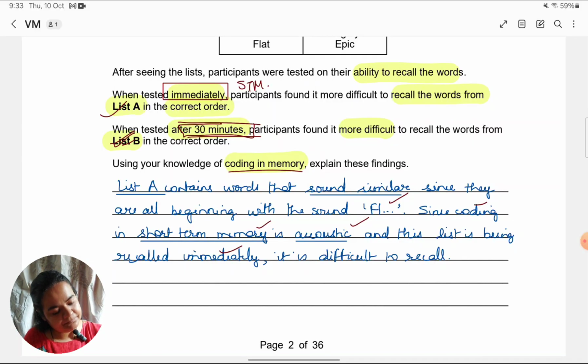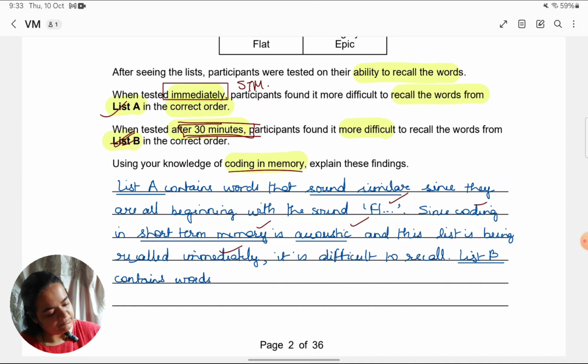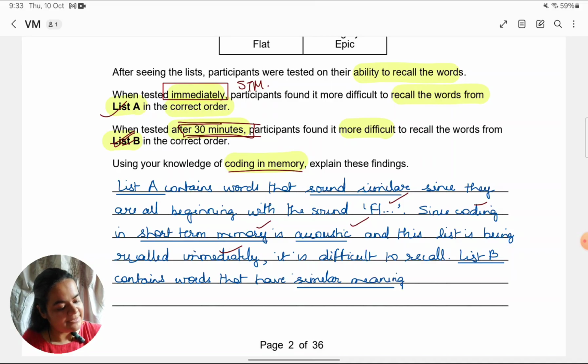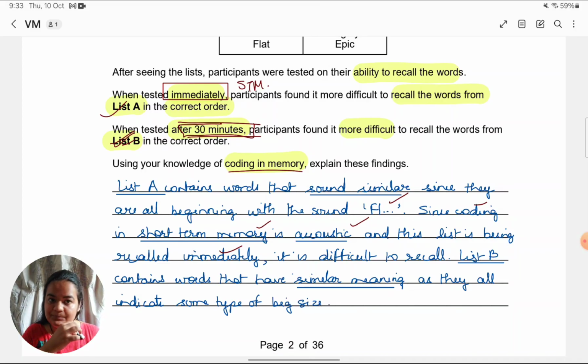List B contains words that have similar meaning, as they all indicate some type of big size, or you can say something to the effect of big size.